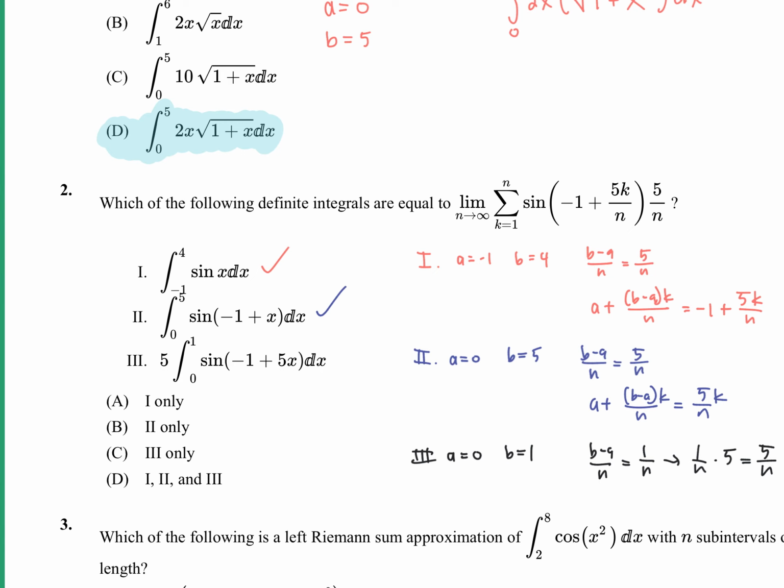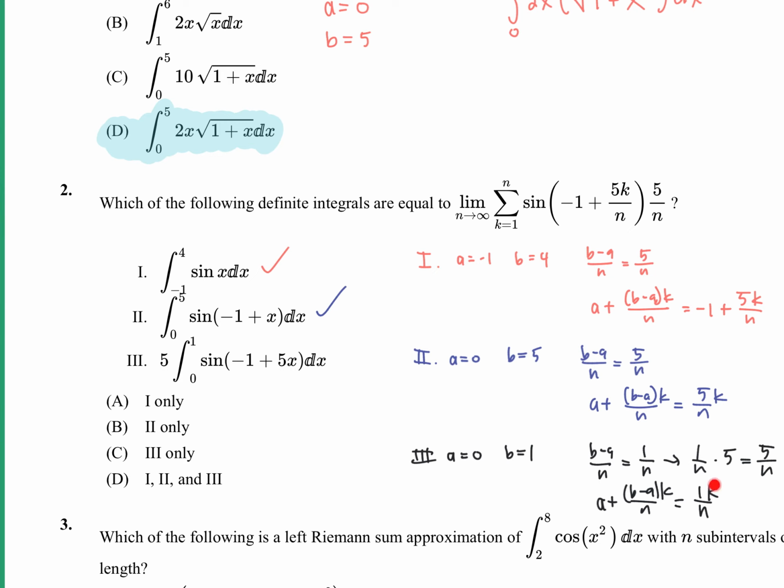Okay, and then now a plus, for us, the b minus a over n times k is 0 plus, and then this is really 1 over n times k, so really just k over n.